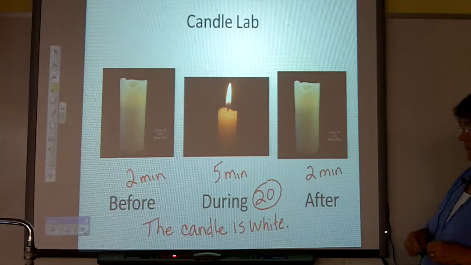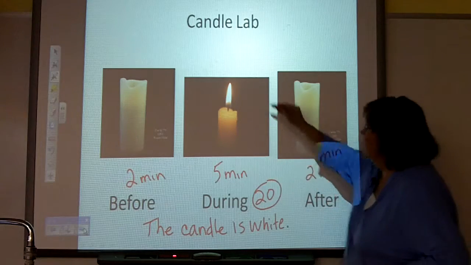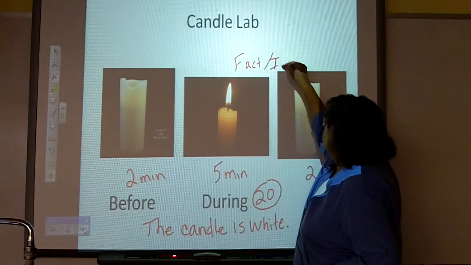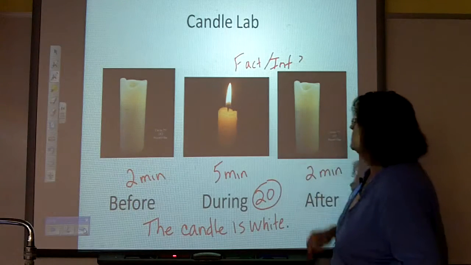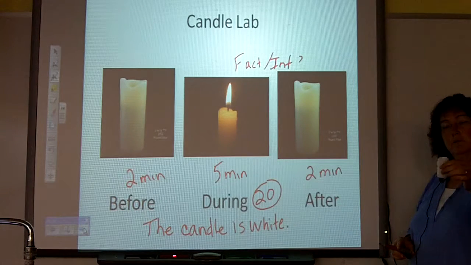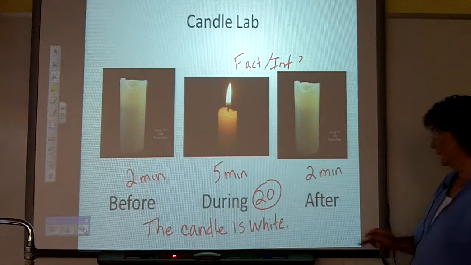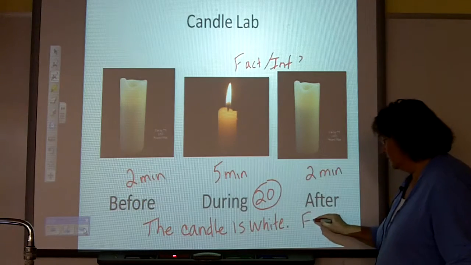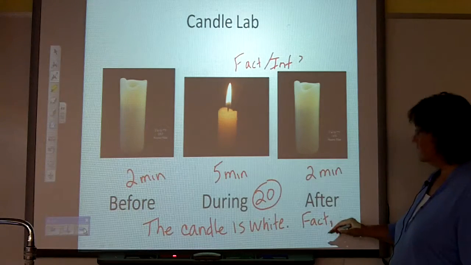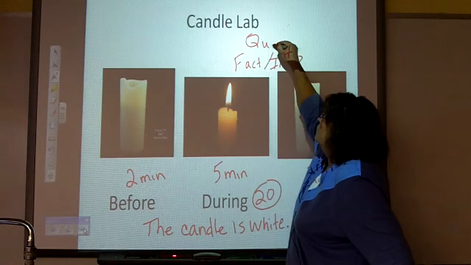So here's the statement. The candle is white. To start with, I have to decide, is that a fact or is it an inference? Well, I would call this a fact because I'm actually looking at it, and that's what it is. It is white. I'm going to classify this as a fact. Second classification, though, I have to decide, is it qualitative or is it quantitative?